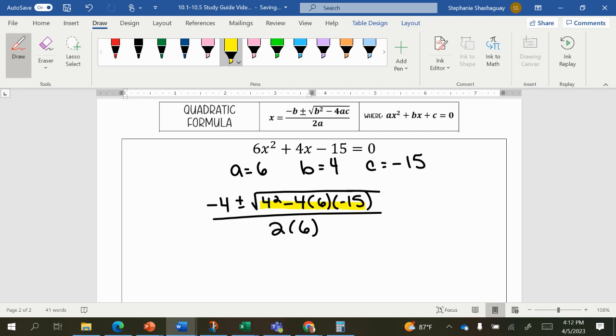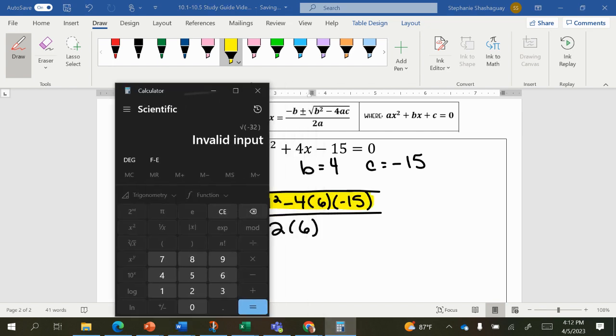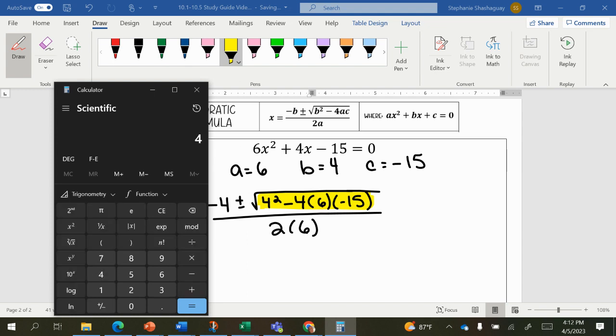Again, the first thing I'm going to do is simplify what is underneath that radical. So 4 squared minus 4 multiply 6 multiply negative 15, and I get, that's not right.